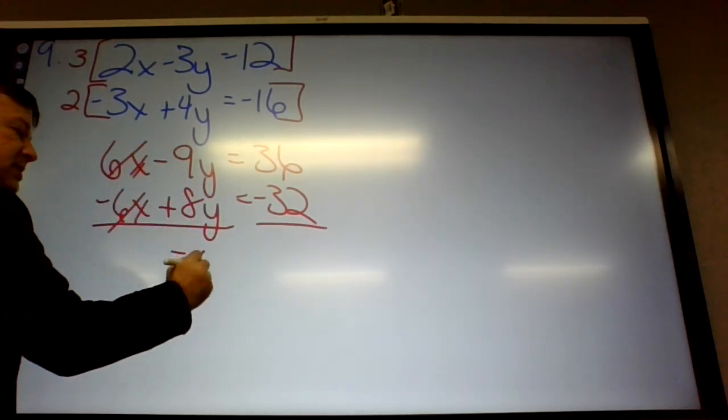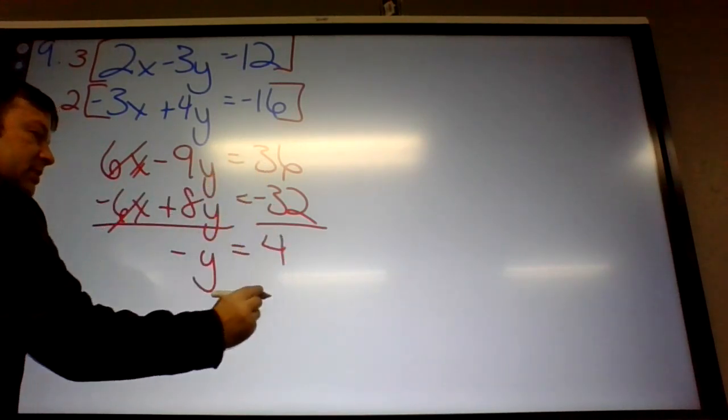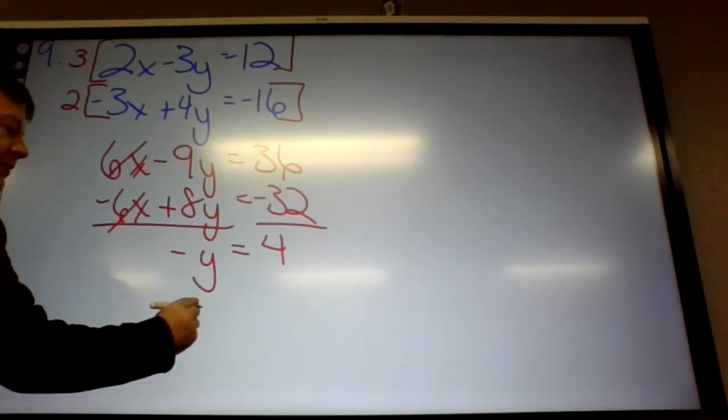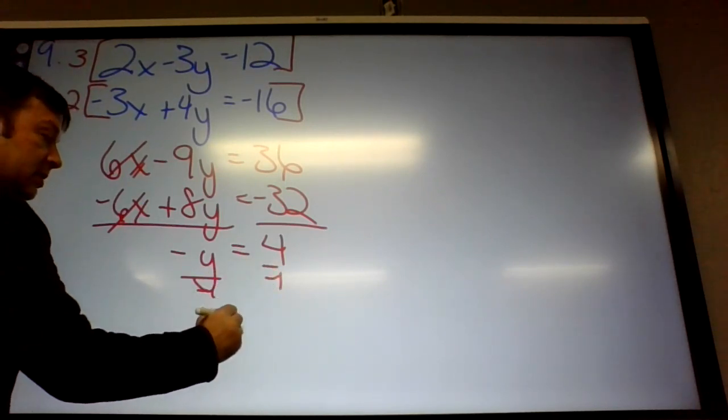Negative 9 plus 8 is negative 1y, or just negative y. 36 plus negative 32. Y. Yeah, if you divide by negative 1, you get y is negative 4.